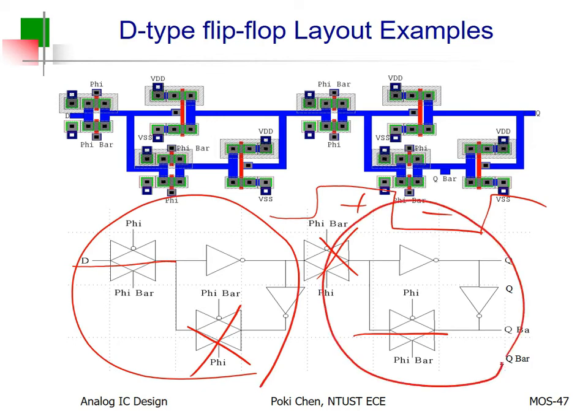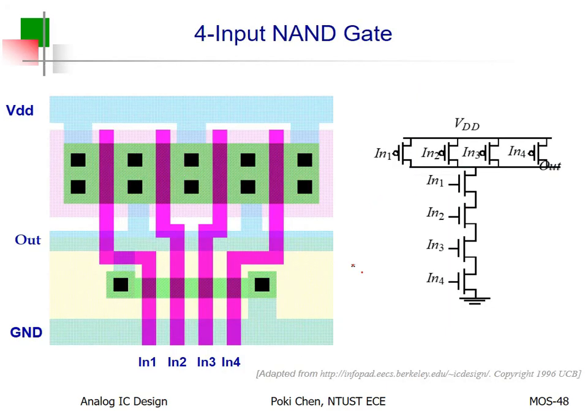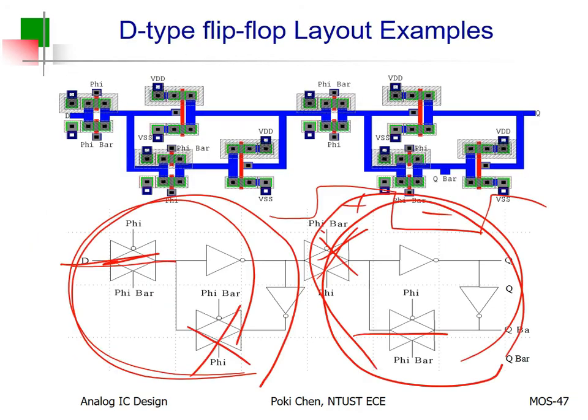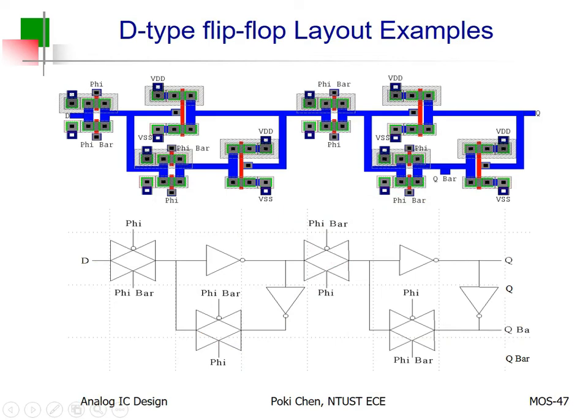The so-called master slave D flip-flop, 主从式的 D flip-flop, D 型正反器. So the operation for the master and the slave are complemented. 它们是互补的. If I turn on, you turn off. And if I turn off, you turn on. That's it. So for the positive half cycle, on, off, on.